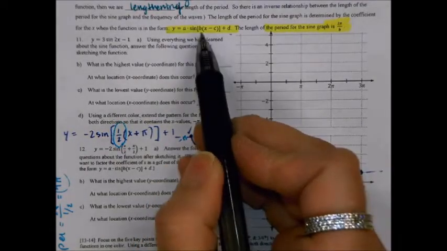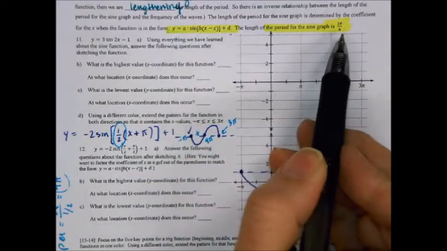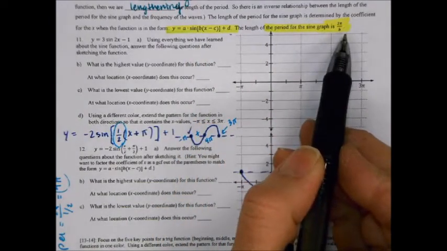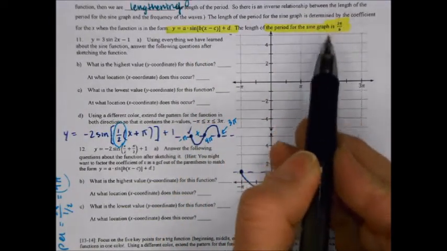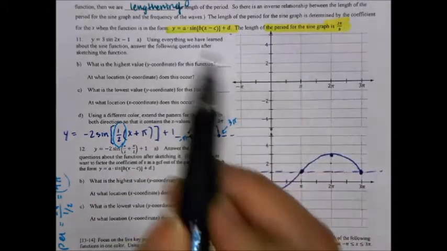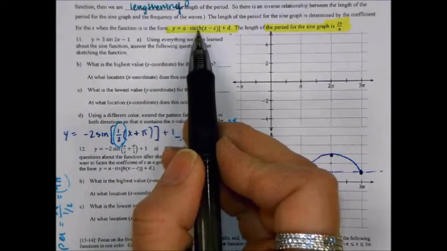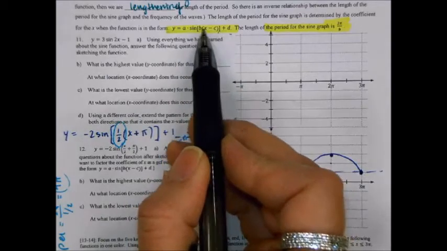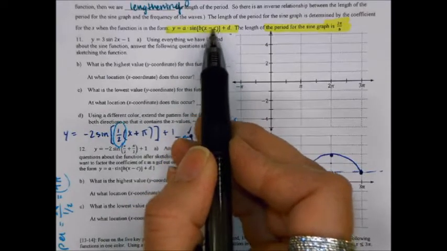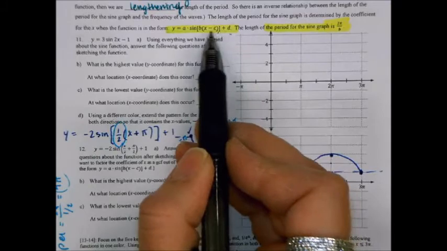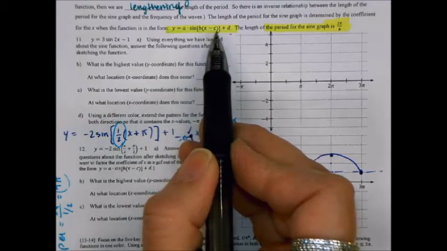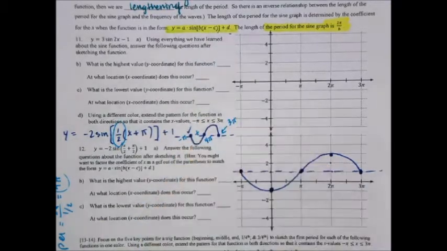The b value affects the period length, and for any sine or cosine graph, the period length is given by 2 pi divided by the b value. You'll want to make sure that you always factor that value out from any parentheses you might have with x. And then c is your horizontal translation. D is that vertical translation.